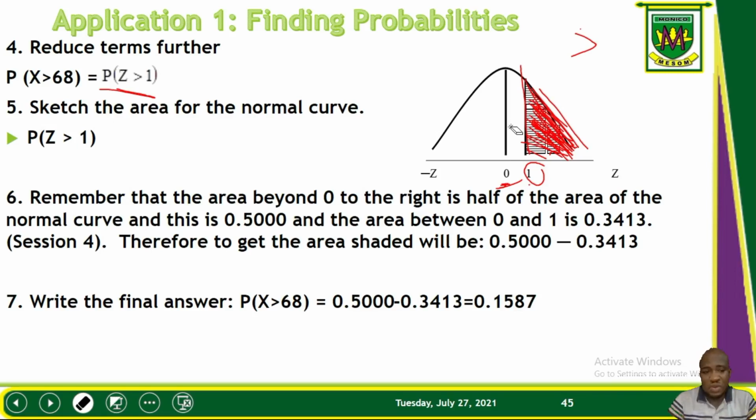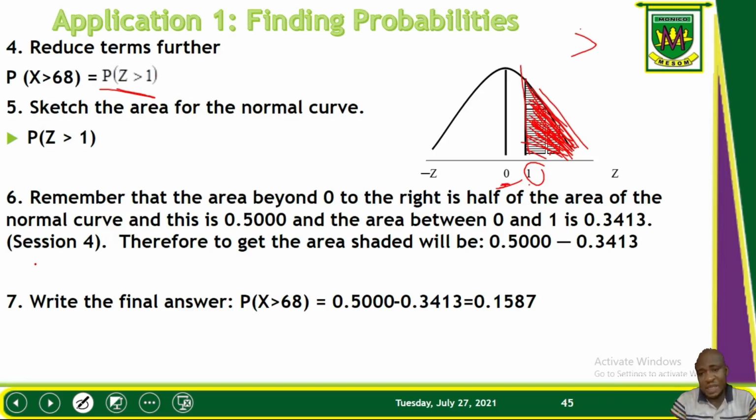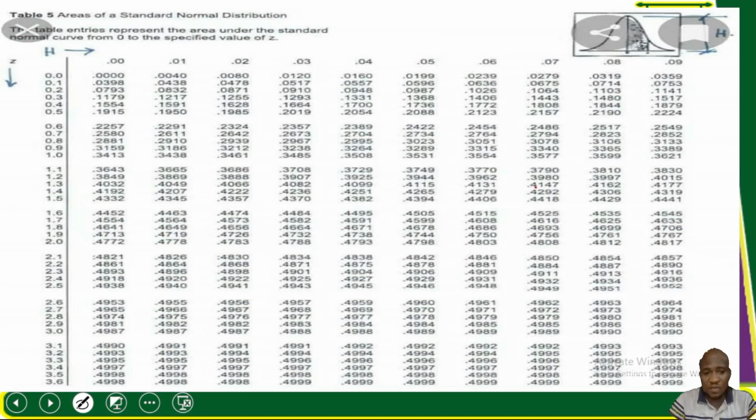Okay, and we got the 0.3413 from the table. Since our answer is 1 here, the conversion gave us 1. You go to the table, and I've already taught you how to search for 1 on the table. Since it's in only one decimal place, you search below the heading 0.00, and 0.00 to 1 will give us 0.3413.